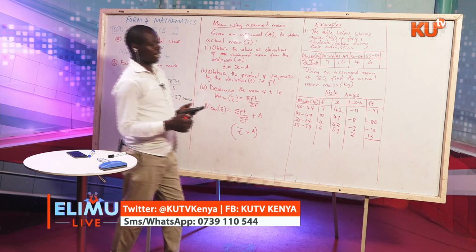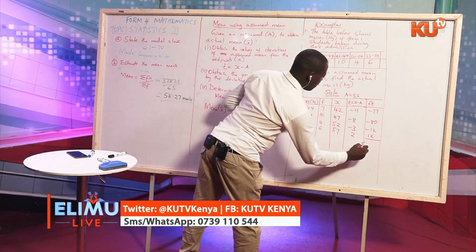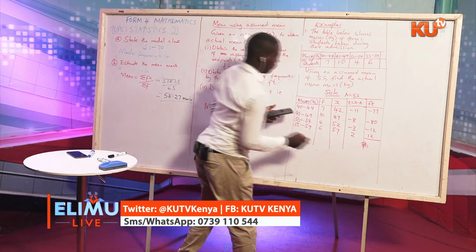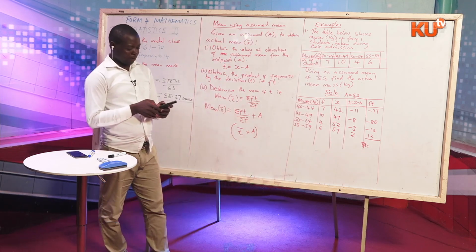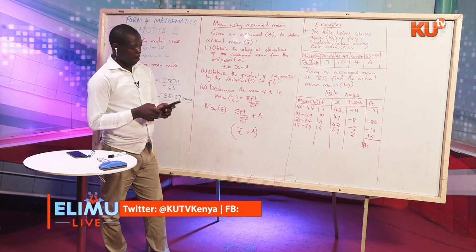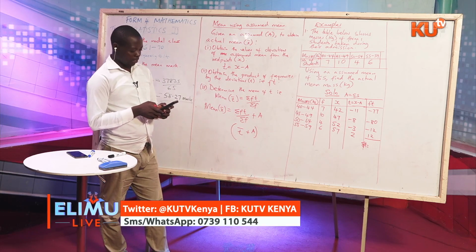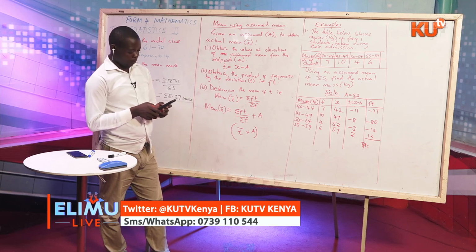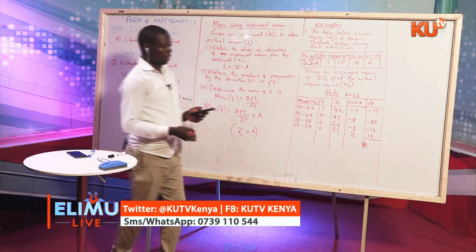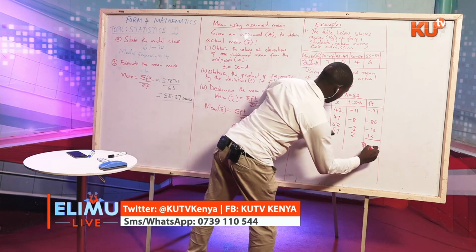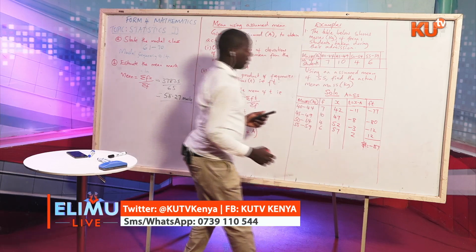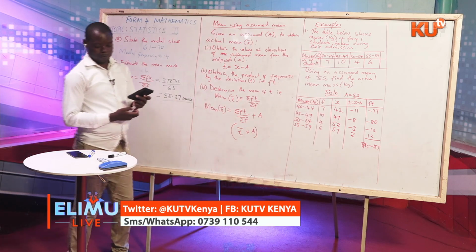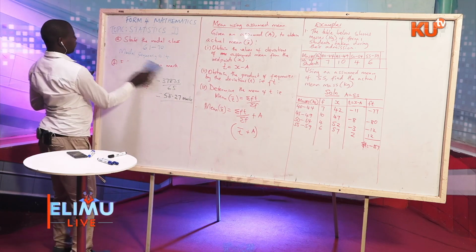Then we obtain the sum of ft. That will be negative 77 plus negative 80 plus negative 12 plus 12. That gives us a sum of negative 157.